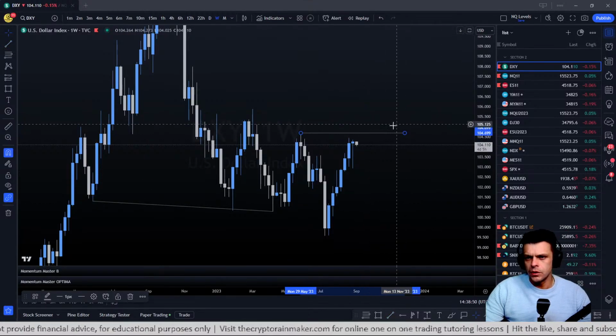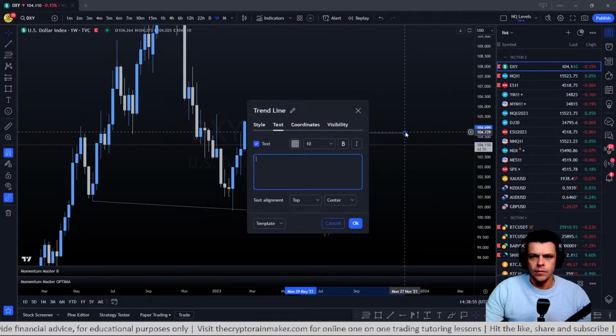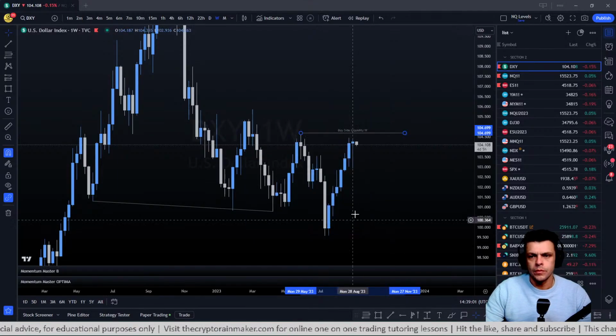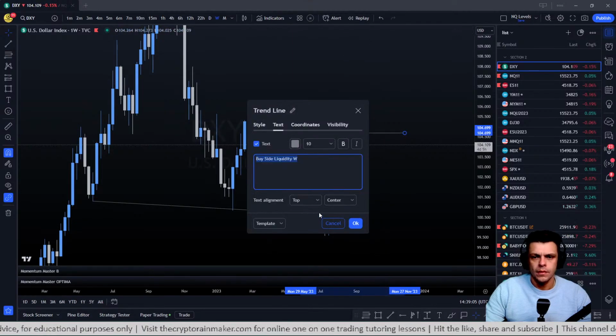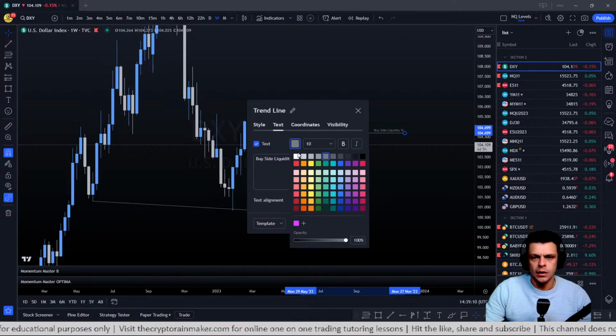The first high is at 104.699. That's going to be our buy side liquidity on the weekly. Let's extend it to the right, and let's make that white.